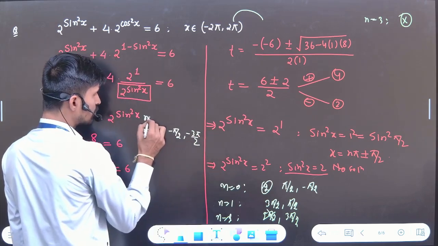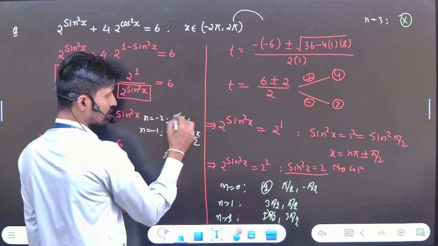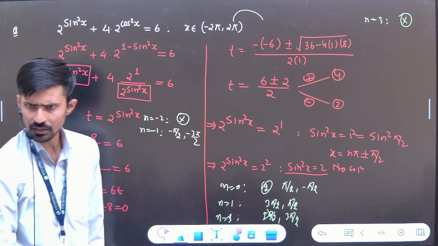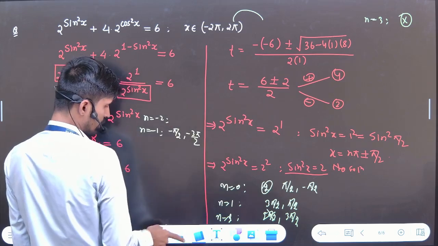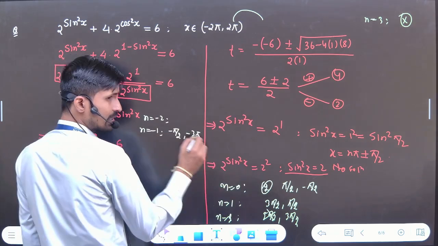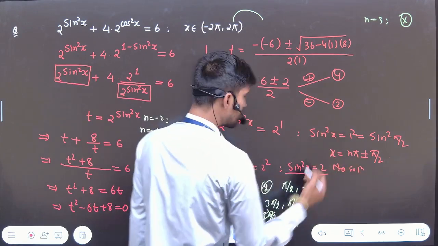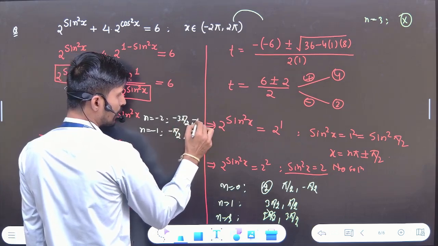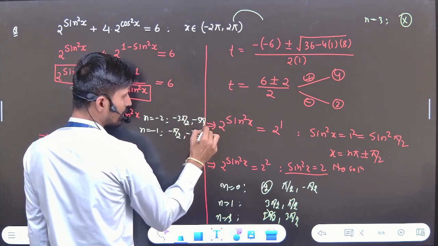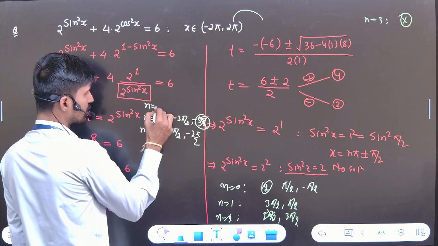Now n is equal to minus 2 you will put. One will be cancelled and one will be minus 2 pi plus pi by 2, minus 3 pi by 2, minus 5 pi by 2. So this will get cancelled. And n is equal to minus 3, both will get cancelled.